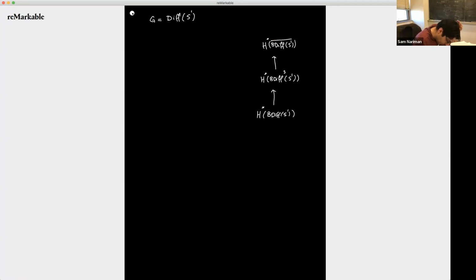Okay, and in fact, as a topological group, suppose Diff is C infinity Diff. So I'm not going to write the regularity now. As a topological group, this is homotopy equivalent to its subgroup of rotations.